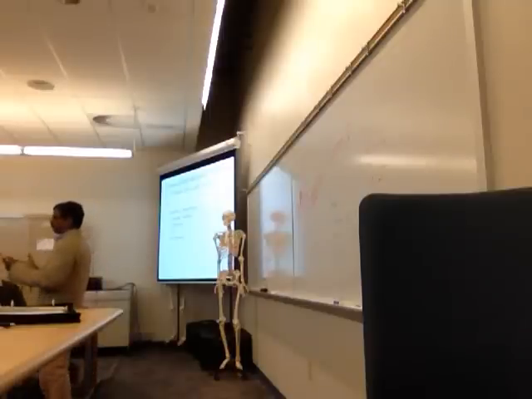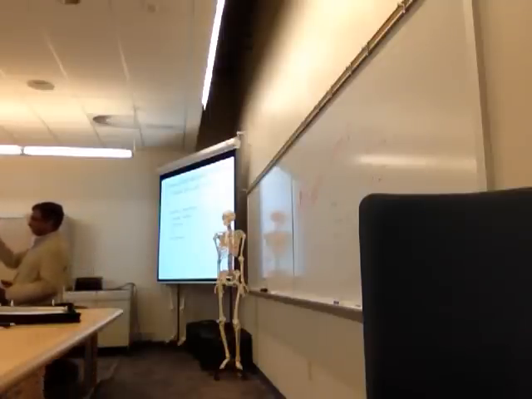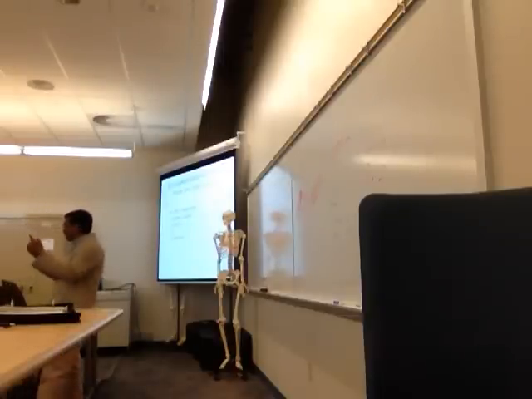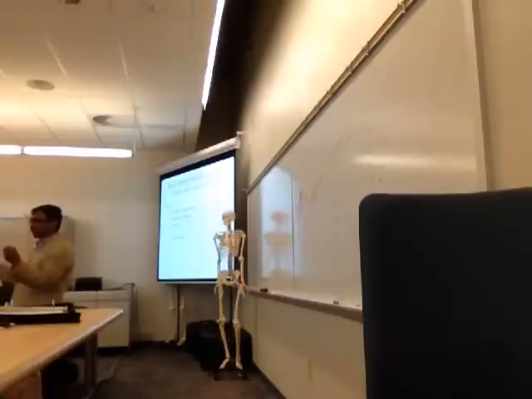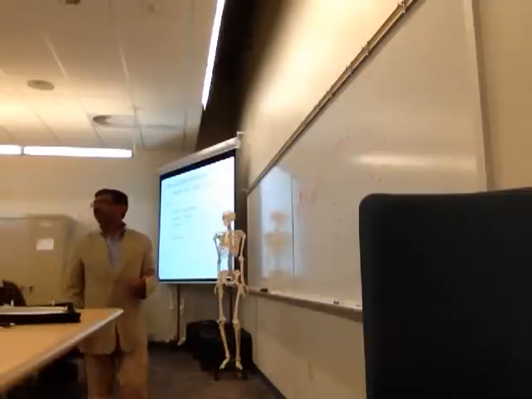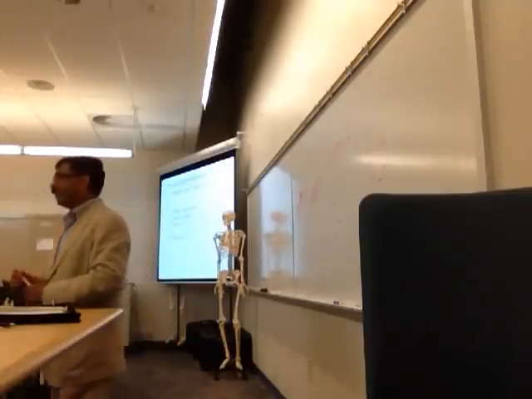If your kidney produces 100 milliliters, how much will be taken back into the body? In the proximal convoluted tubule, 65%. That means 65 milliliters will be reabsorbed, in the first part.